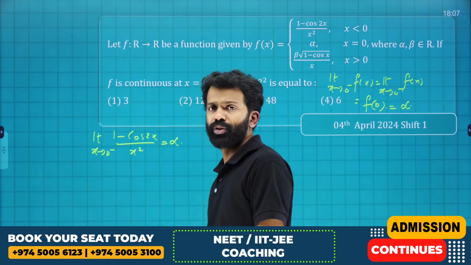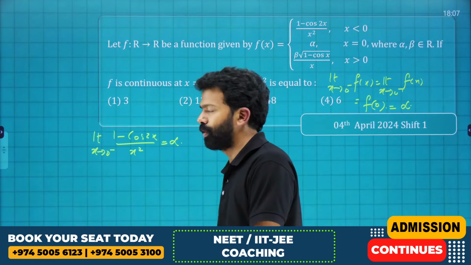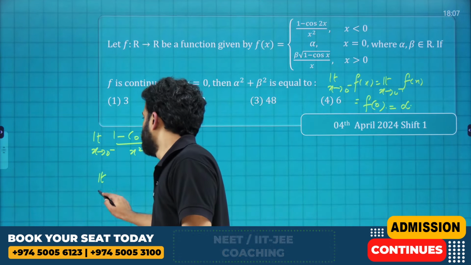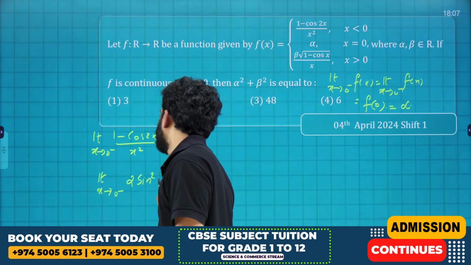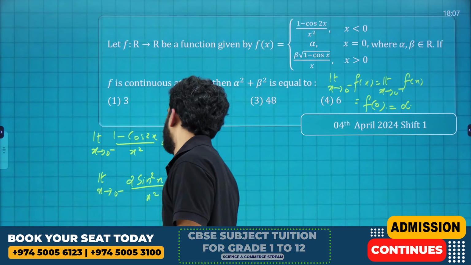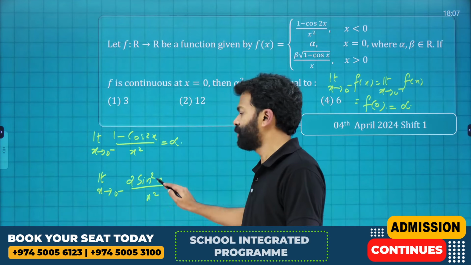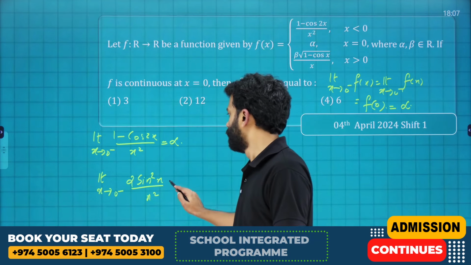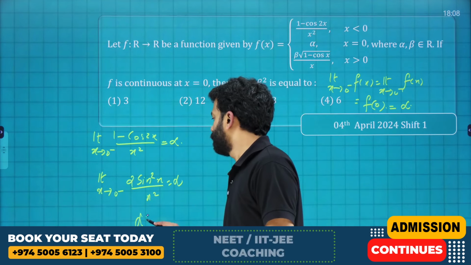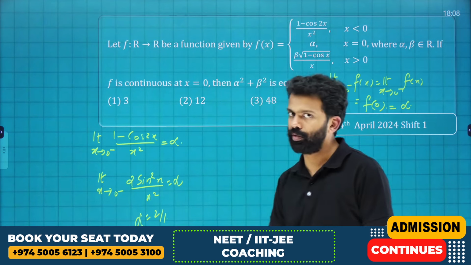Therefore, what is 1 minus cos 2x? 2 sin square x. That is limit x tends to 0 minus 2 sin square x divided by x square. And what is sin square x by x square? 1. That is 1 into 2 is equal to 2. Therefore, it is equal to alpha, means the value of alpha is 2. Okay, now we got the value of alpha.